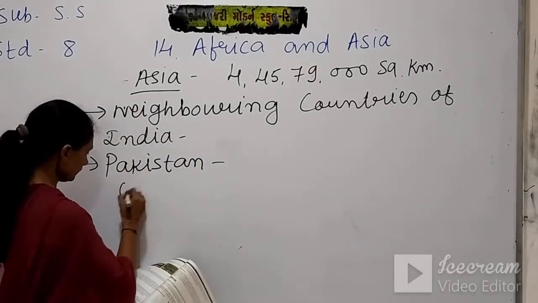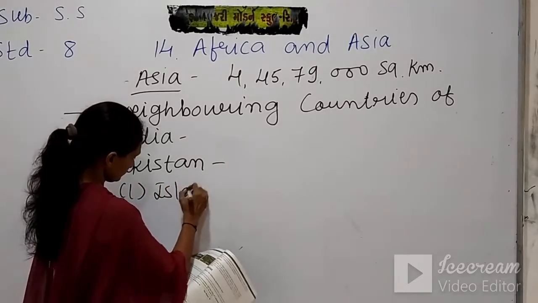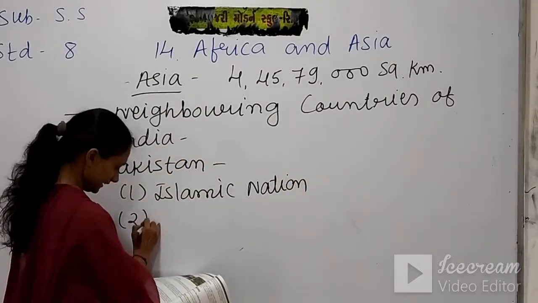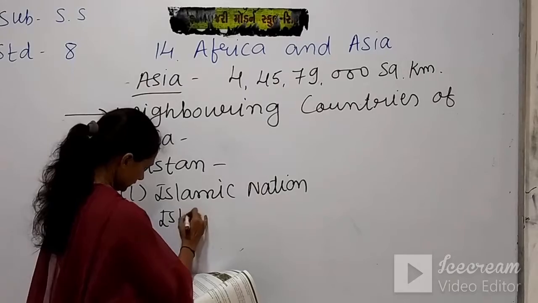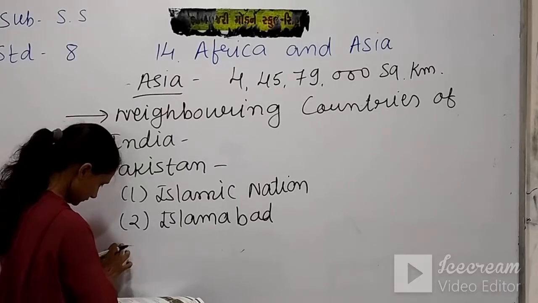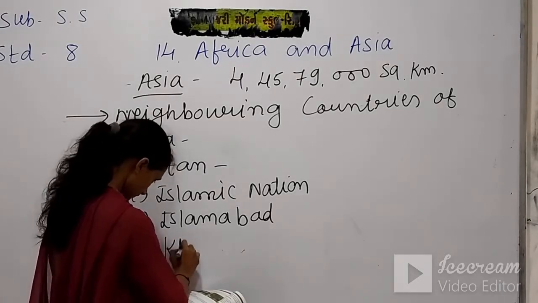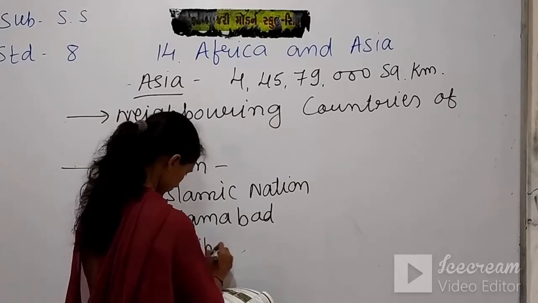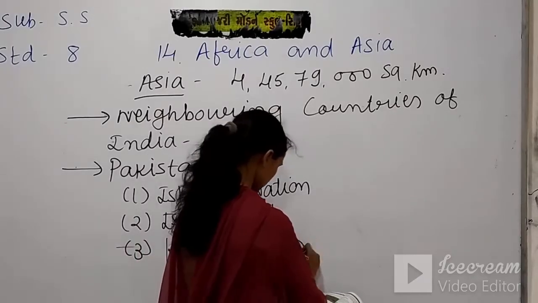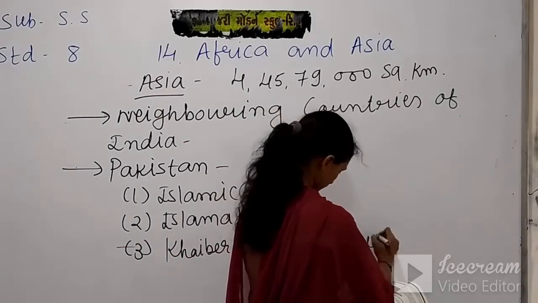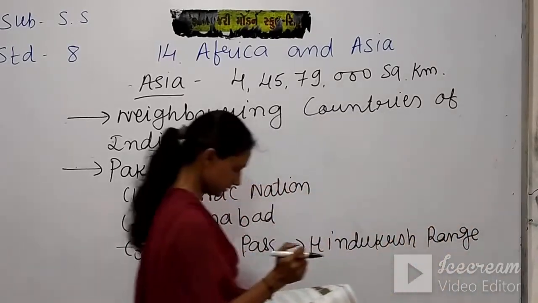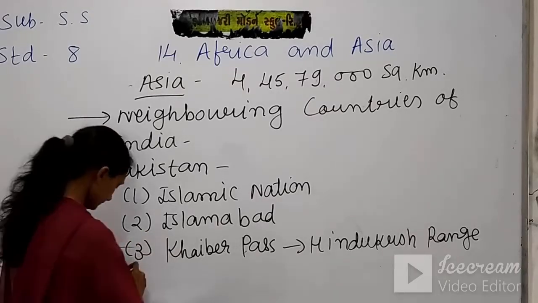First, Islamic nation. Second we got Islamabad, its capital. Khyber Pass, Hindu Kush range, that is located in Pakistan.